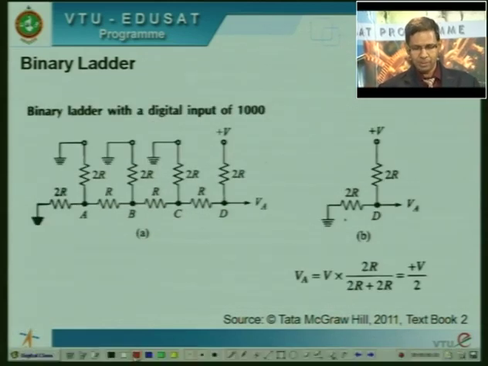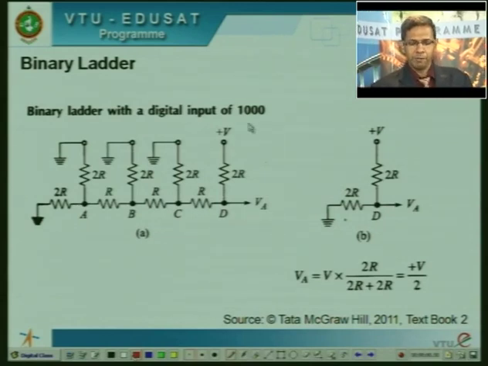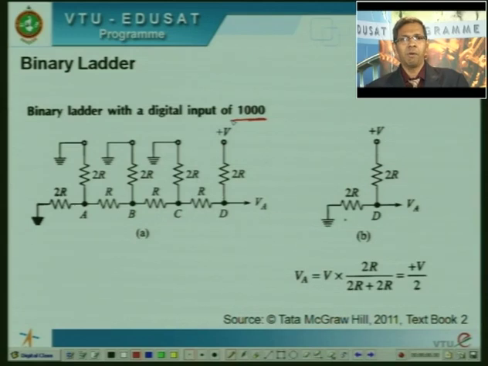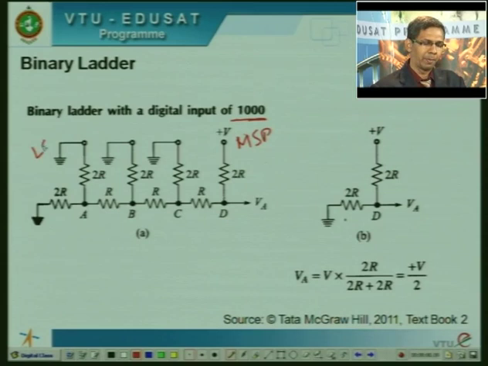So this is the case. Now let us see what happens if we give a digital input of 1, 0, 0, 0. Again remember which is LSB and which is MSB in our case. The MSB is going to be here on the extreme right and the LSB is going to be here.